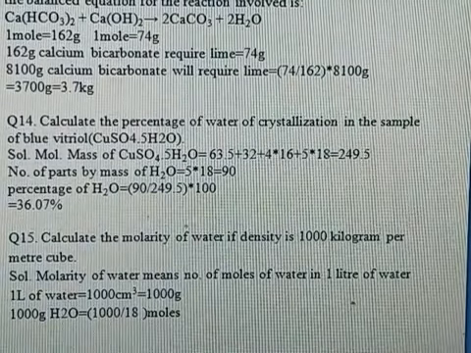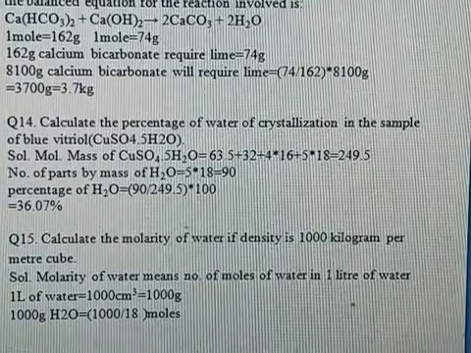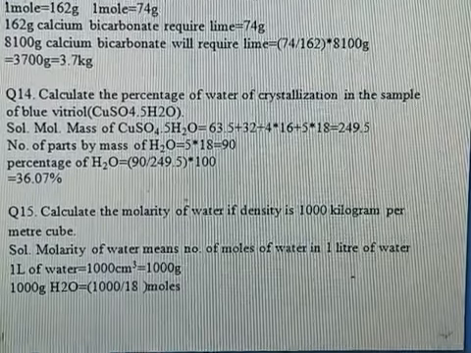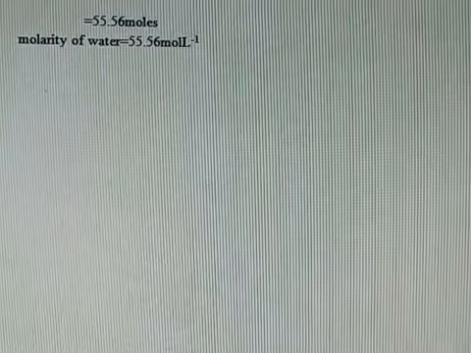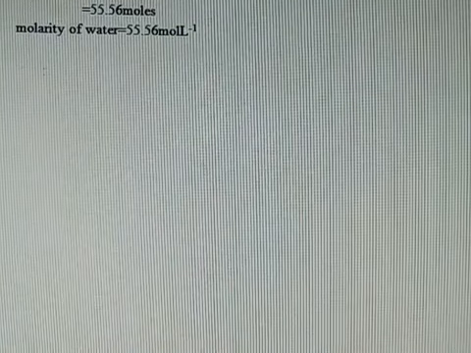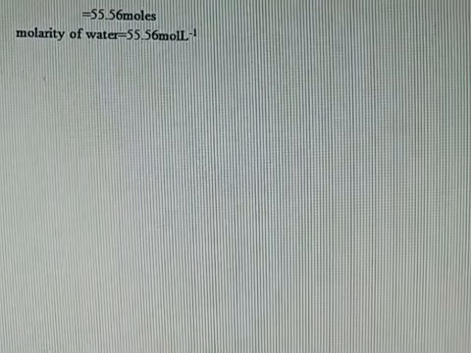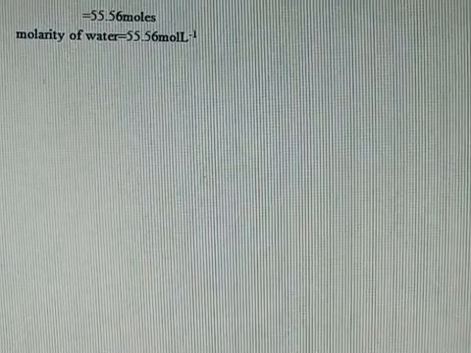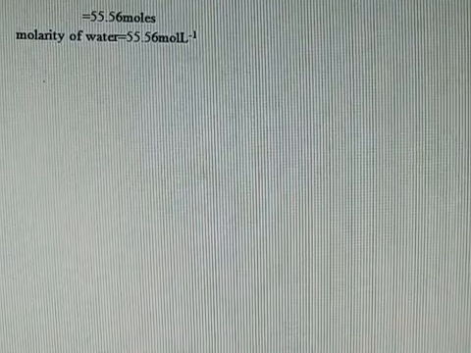Here the given amount is 1000 gram and the molar mass of water is 18. So it comes equal to 55.56 moles, and molarity of water is the number of moles per liter. So the answer will be 55.56 mole per liter.